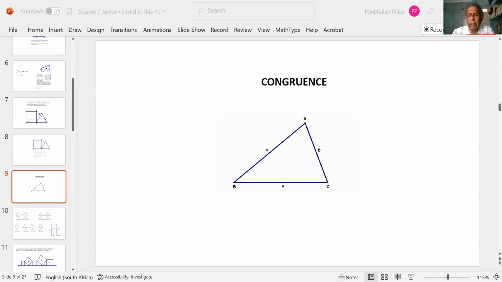Before we proceed with the squares problem, which I described earlier on, we need to say something about congruence. There's a lot to be said here, so I'm going to go rather briskly.